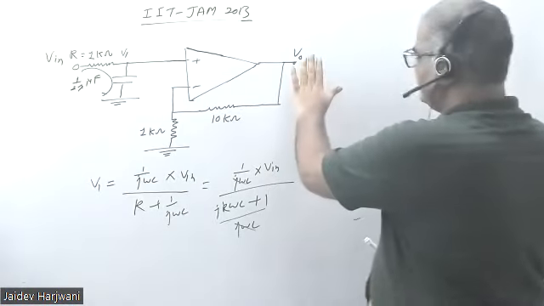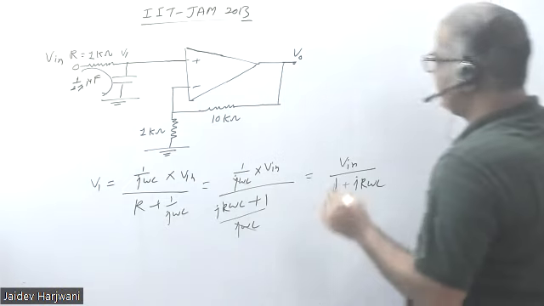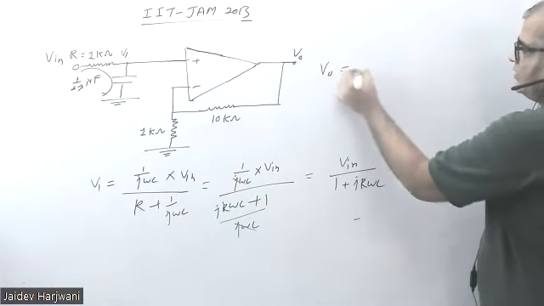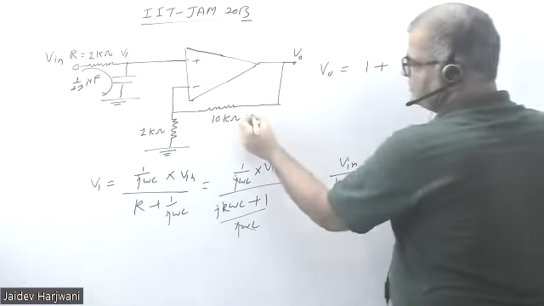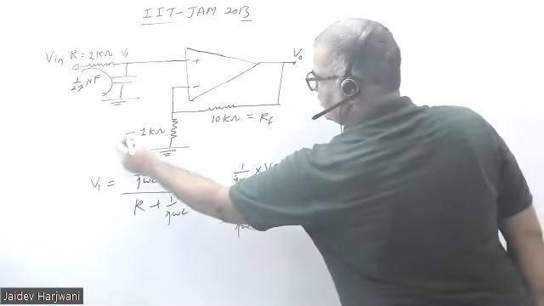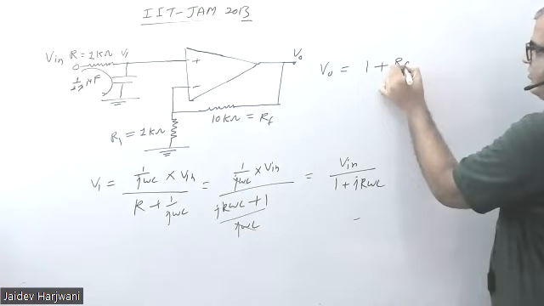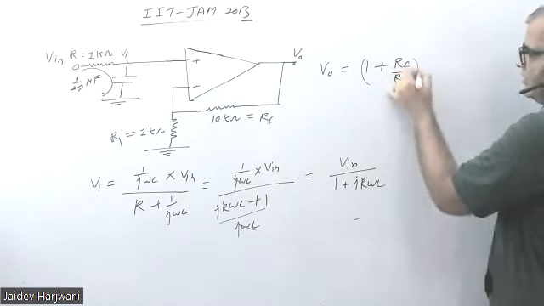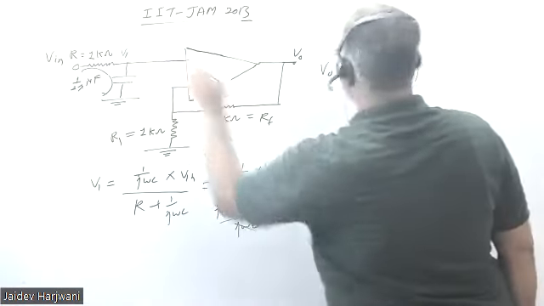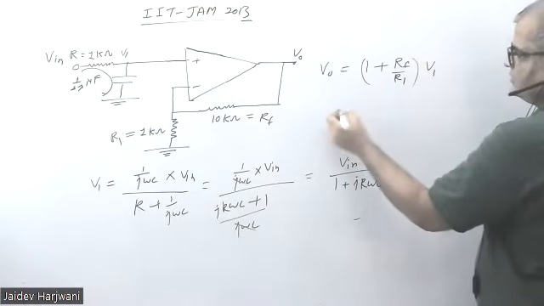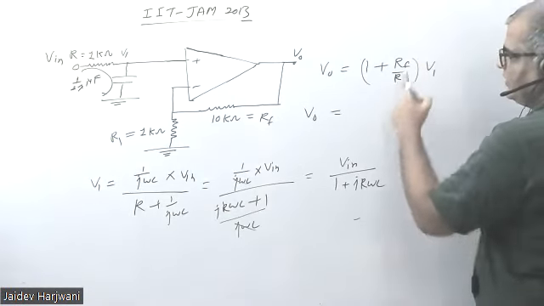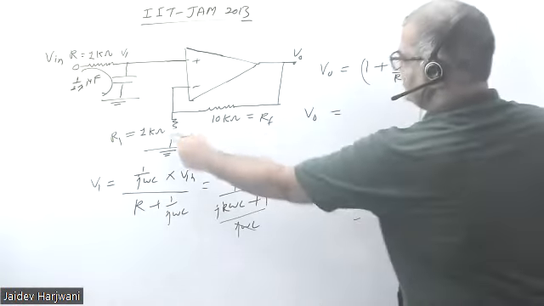If I want to calculate V0, my V0 will be simply 1 plus RF upon R1, if I call this RF and this R1, into V1. RF value is 10 kilo ohm and R1 is 1 kilo ohm.